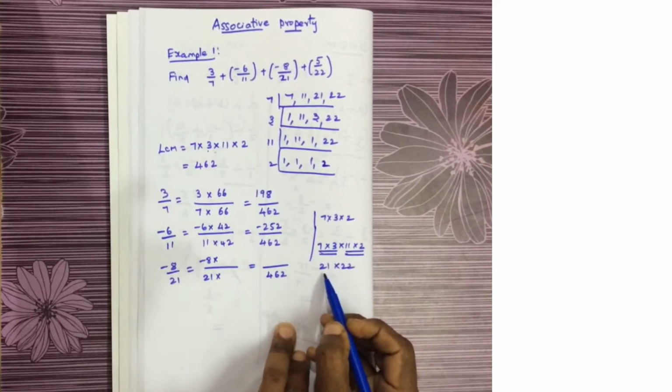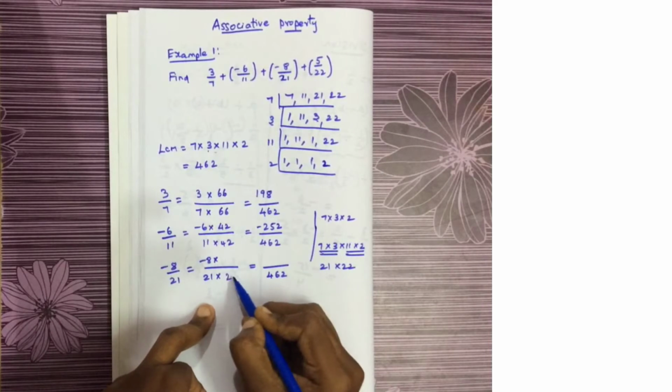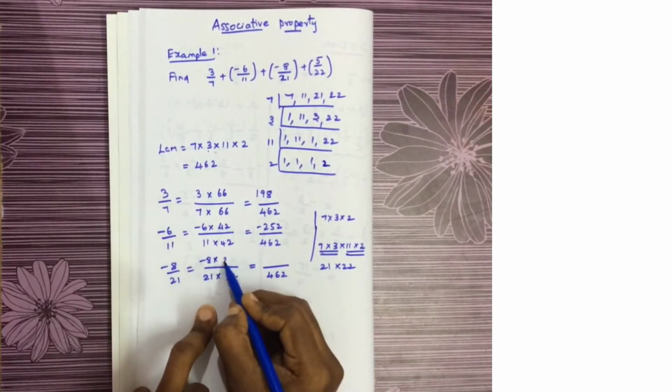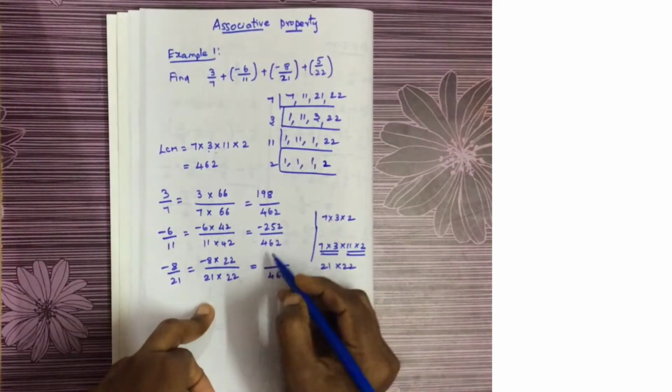So 21 multiplied by 22 is 462. You can write this 22 here and here. So 8 multiplied by 22 is minus 176.